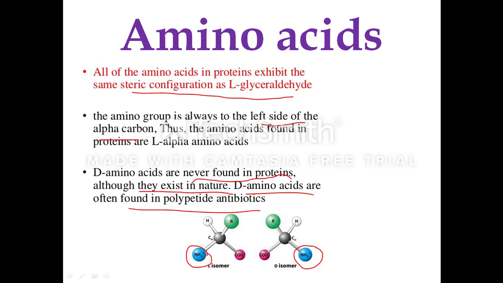So what is the difference between L and D amino acids? L amino acids have the amino group towards the left side, and D amino acids have it towards the right side. L amino acids are predominant in all proteins, and D amino acids are absent in proteins. They are present in antibiotics.